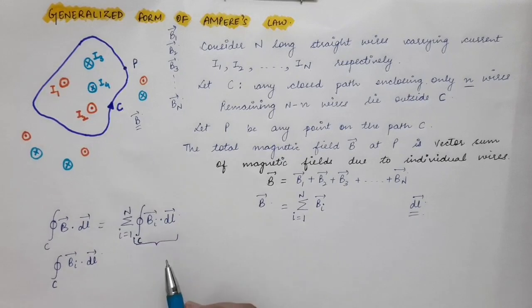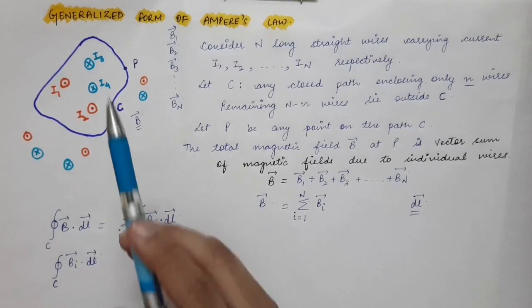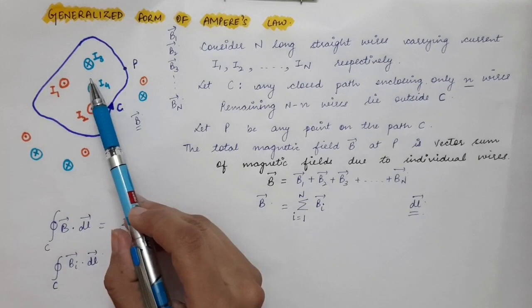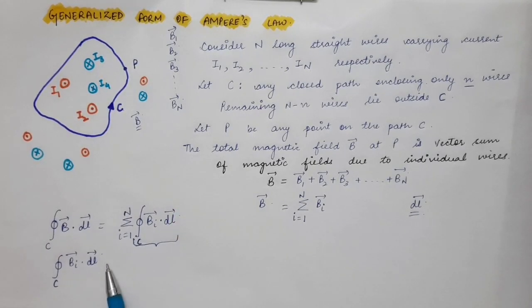Now here we will use the Ampere's law, which we have studied in the previous lecture. So there we have studied that if the current carrying wire is present inside the closed path, then the line integral of the magnetic field will be equal to mu naught times the current which is flowing in that wire.